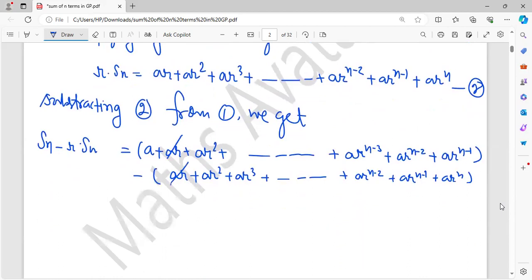So this term will cancel out this, this term will cancel out this, the AR cube will also cancel out this, and this will cancel out from somewhere here.